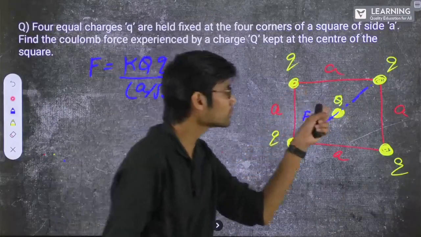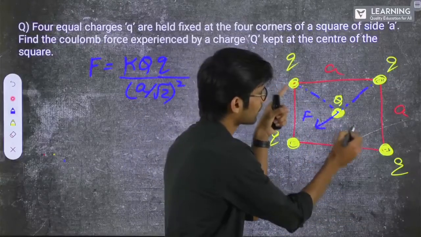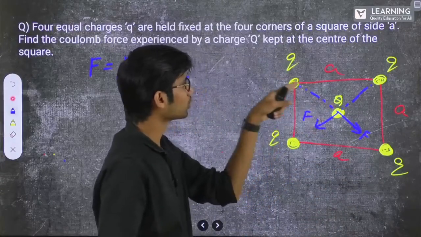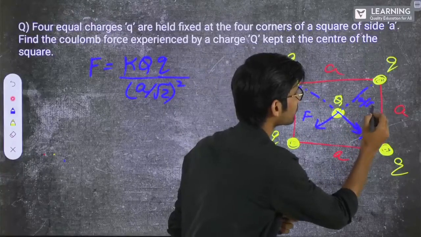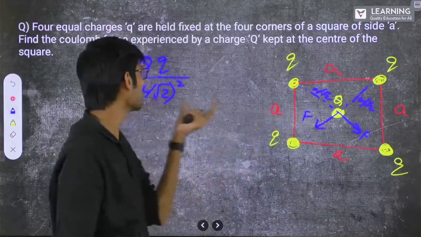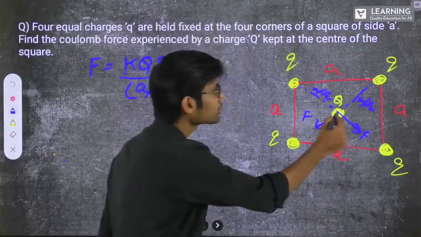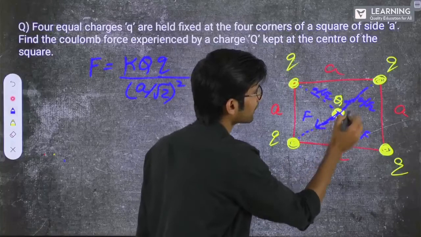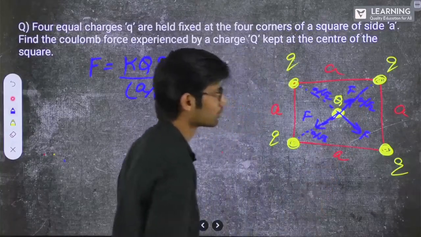Now, the force on the same charge due to this charge is along this line outwards. What will be this F? Again, charges Q and distance a by root 2. Since the distance and charges, everything is the same, the magnitude of the force will be the same. Now, the force on this charge due to this charge along this line in this direction is F. Again the value will be the same because the distance is a by root 2.